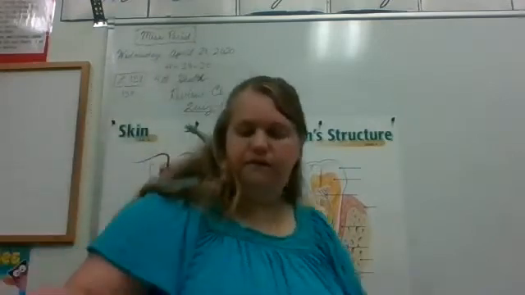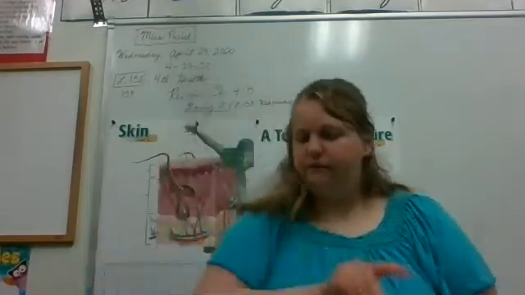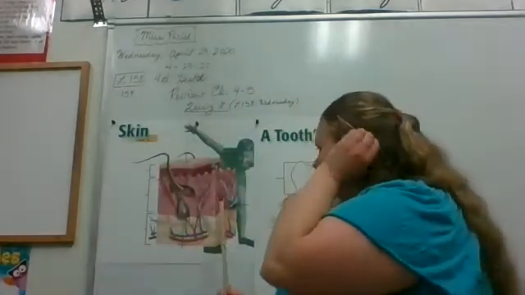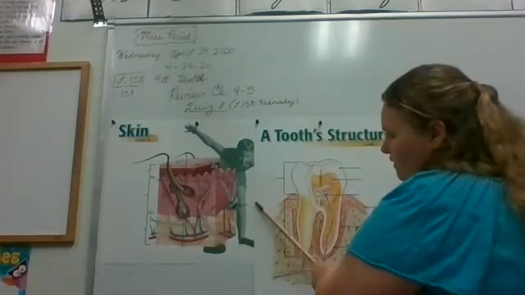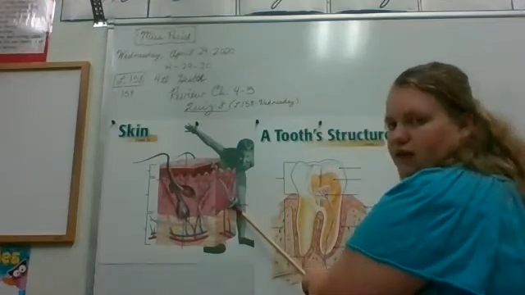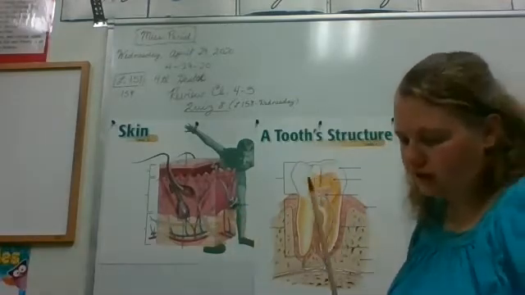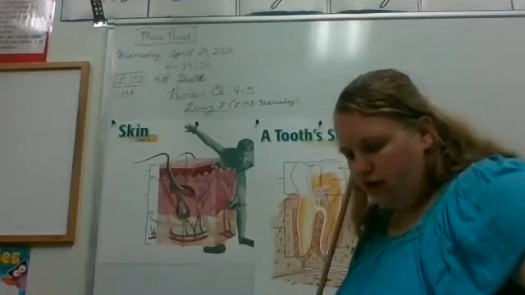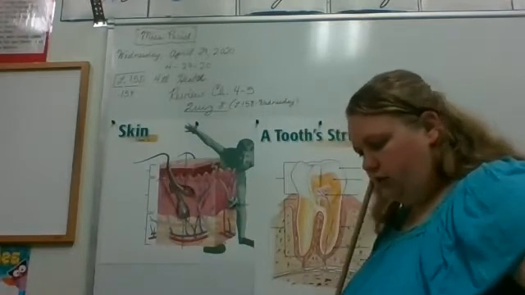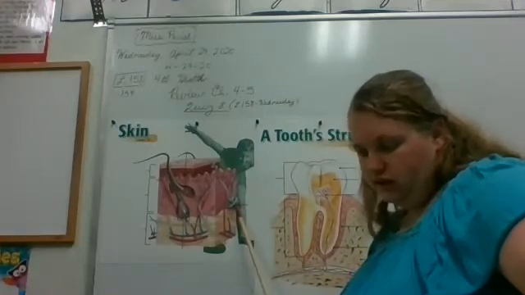All right, let's move over to the skin, okay? And our skin over here, what are these? Right here. Sebaceous glands, that's your sweat glands, okay? No, I'm sorry. Sebaceous are your fat glands. I'm sorry, I said that wrong. So those are sebaceous glands.